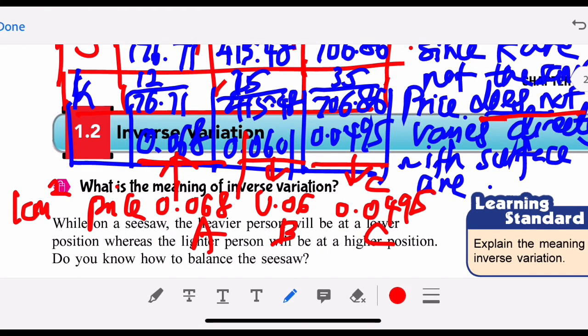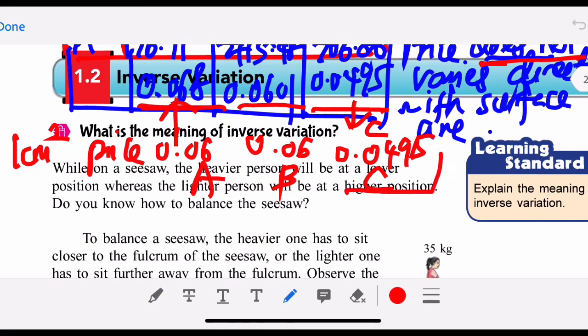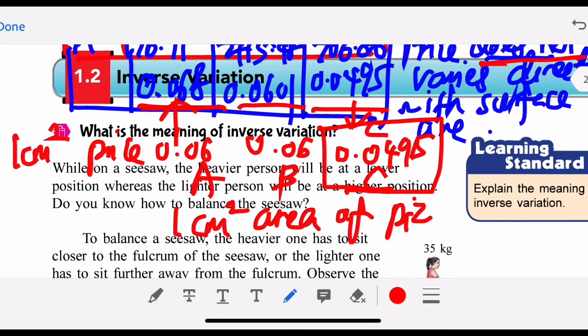So if they are having the same surface area, 1 centimeter square, and the prices are not the same, of course if you are a smart customer, you will choose this one, right? Because for 1 centimeter square of the area of the pizza, you just need to spend 0.0495 cent, right?